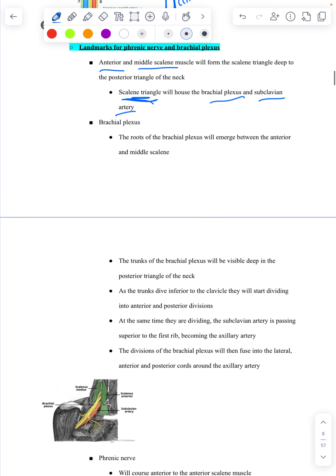For brachial plexus, remember it's Randy, Travis, drinks, cold beer. So you'll start with roots, then trunks, then divisions, and then cords. Does cords have an H or no? I think it does. And then branches.